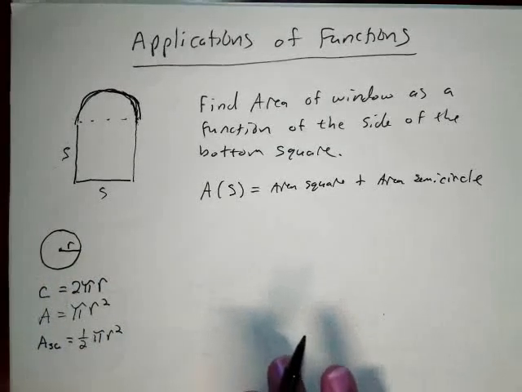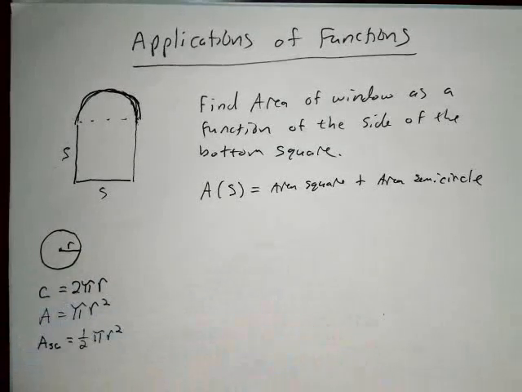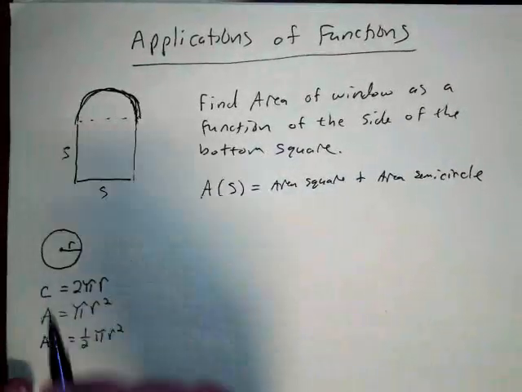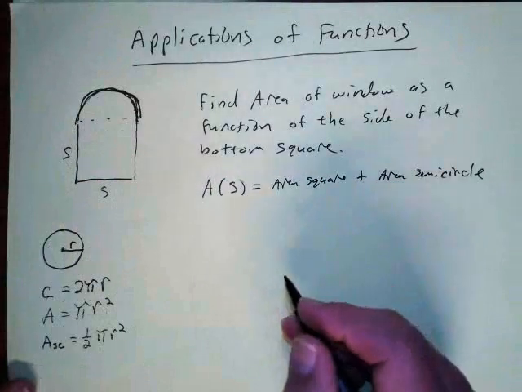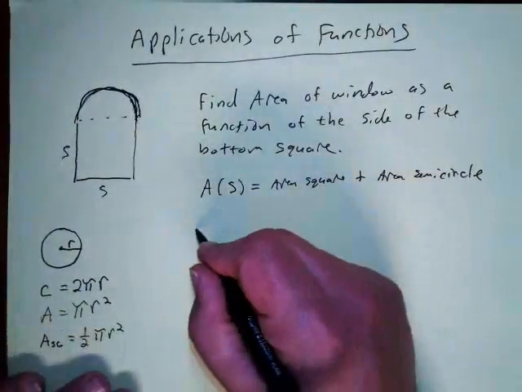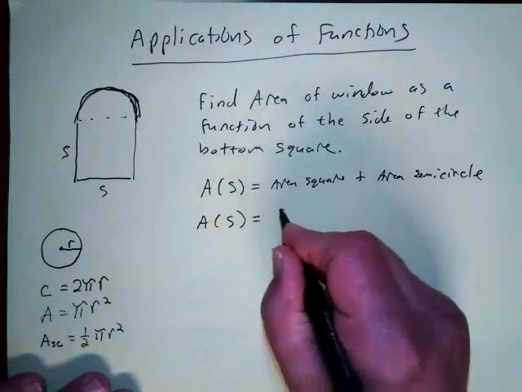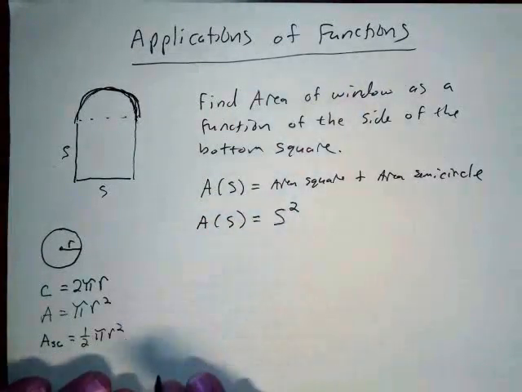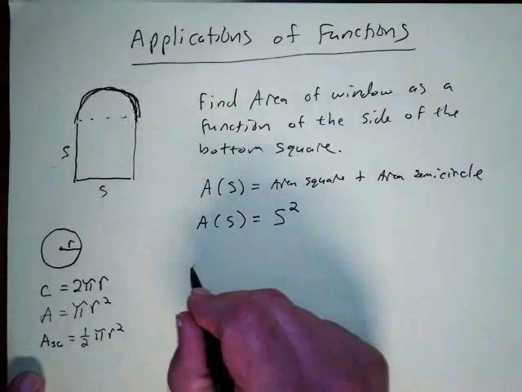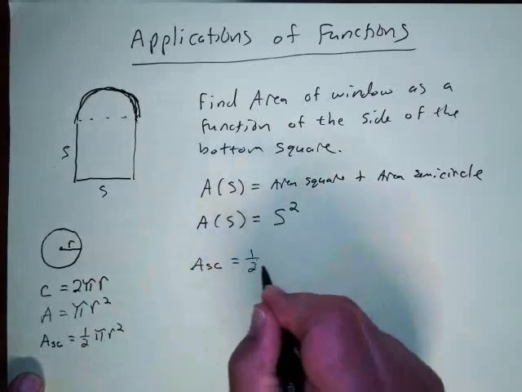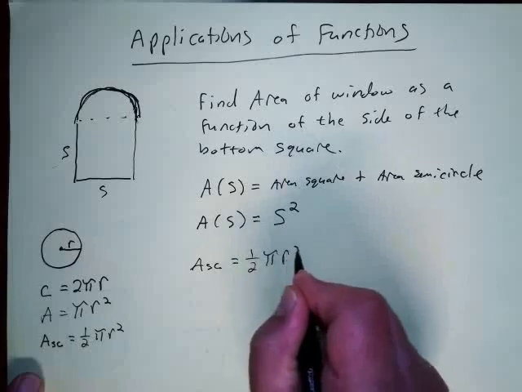Now let's think about this. We want to find this area. The area of the square is easy. You just take S times S, or S squared. So what we need to know is the area of the semicircle, which is 1/2 pi r squared.